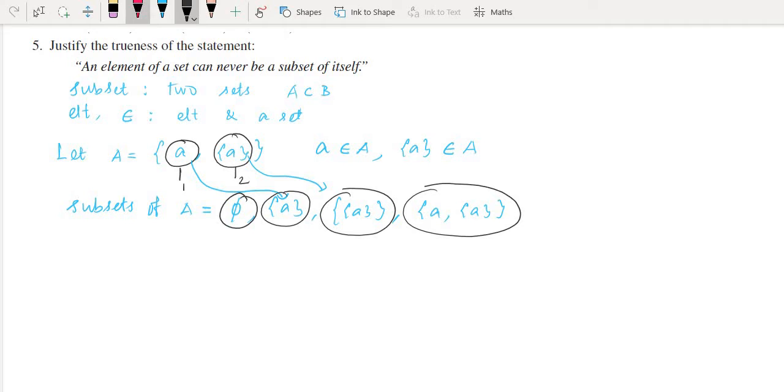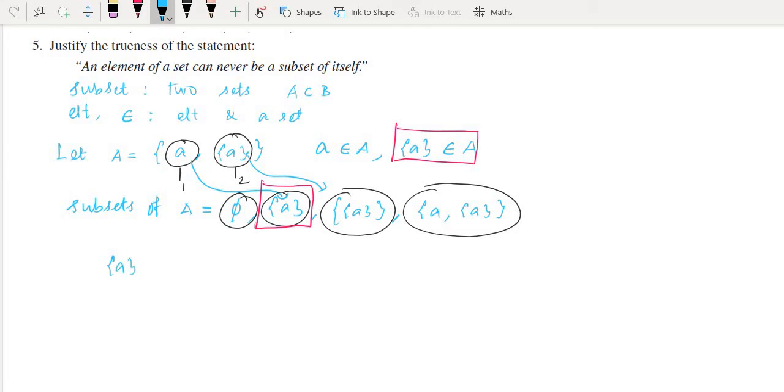So if we observe this carefully, singleton A is an element of our set as well as a subset of our set A. So what can I conclude here?